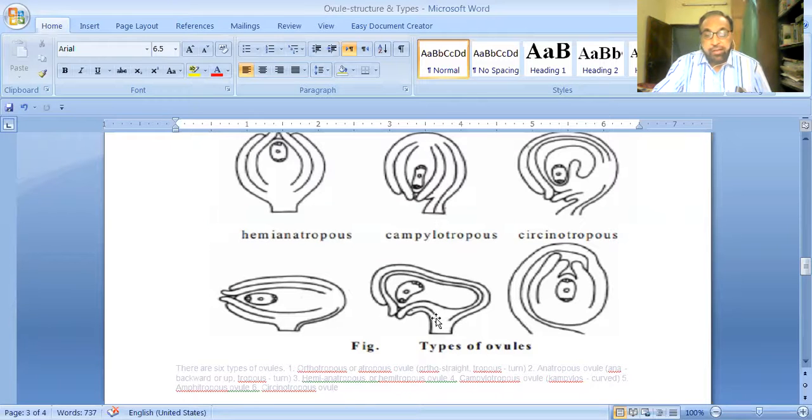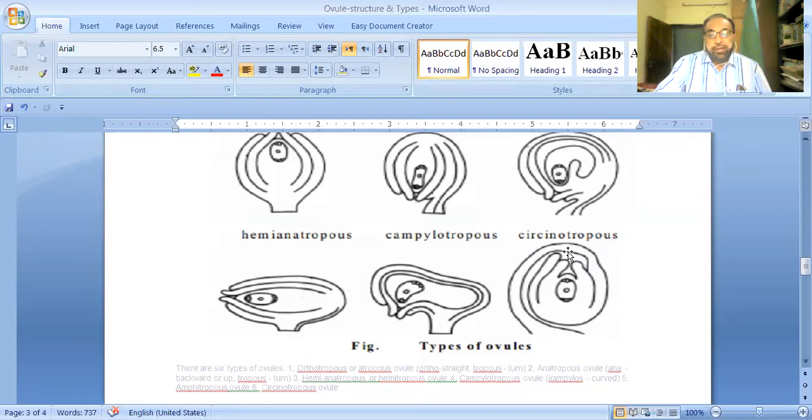This type of ovule is called a campylotropous ovule, and the most common examples of this are Capparis, then Brassica, commonly called mustard, then beta, the beetroot we commonly use.